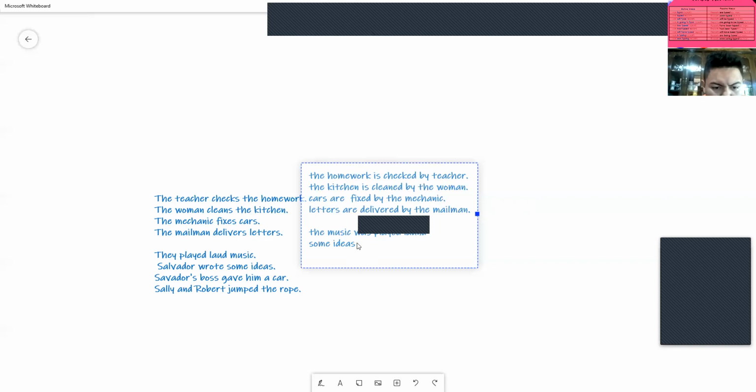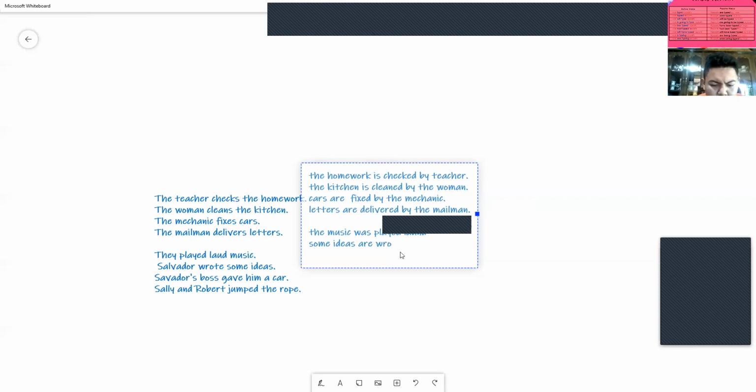Are. Está correcto, porque estás hablando de ideas, es plural. Some ideas are for the word.